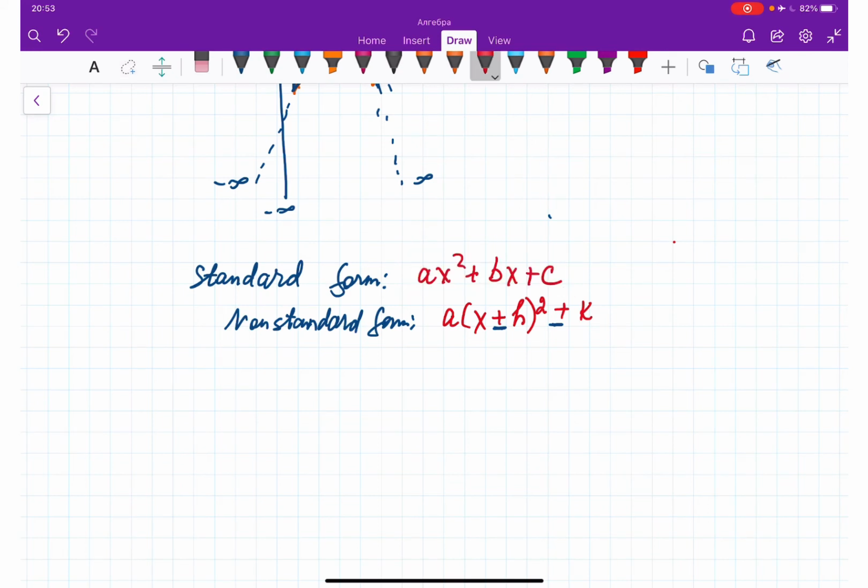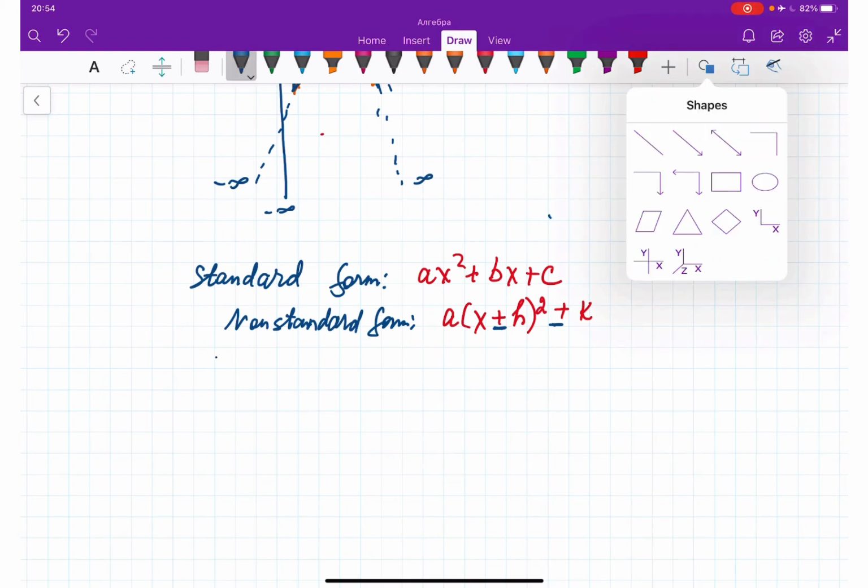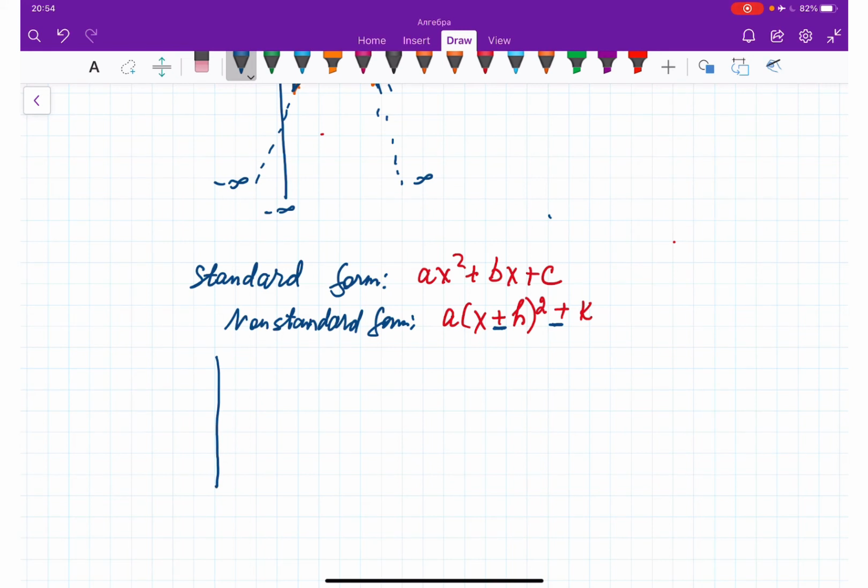If I want to draw the standard form of the graph, it's going to be y is equal to x squared. And as we can see, the entire graph is lying on the positive side of y.